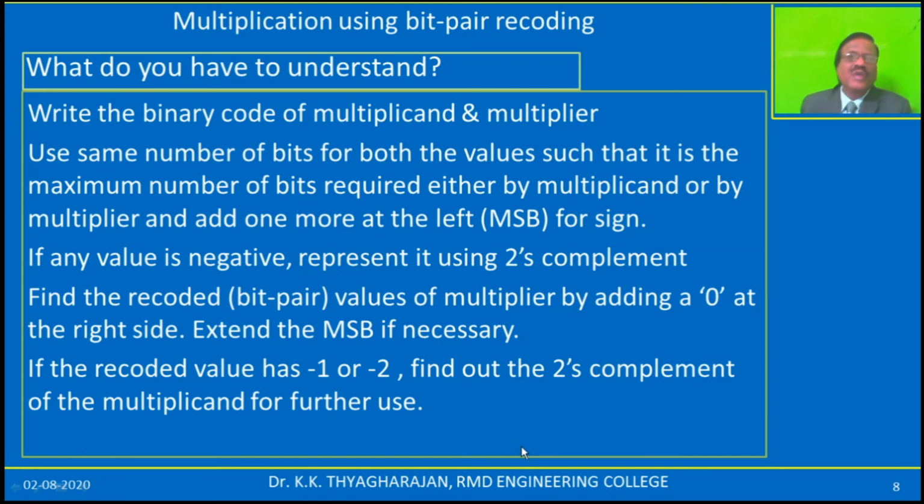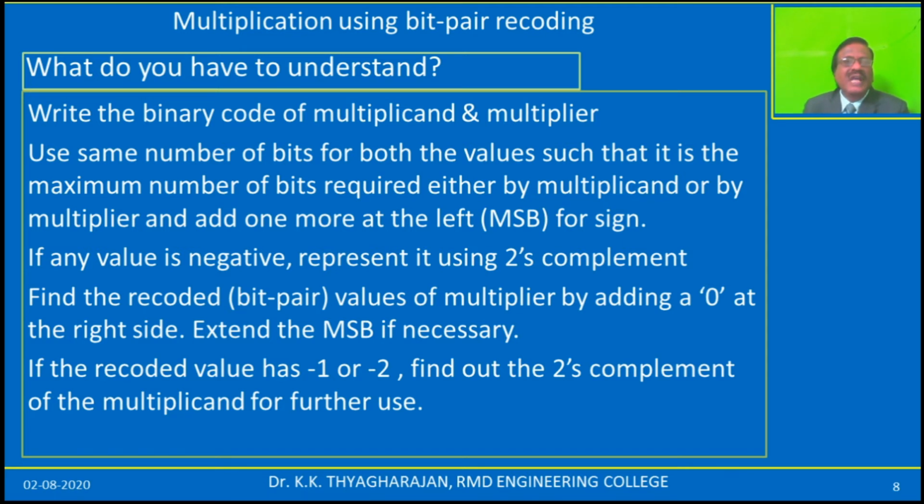So what you have to understand: write the binary code of the multiplicand and multiplier first. Use the same number of bits for both values, such that it is the maximum number of bits required either by the multiplicand or by the multiplier. After that, you add one more bit at the left for sign.